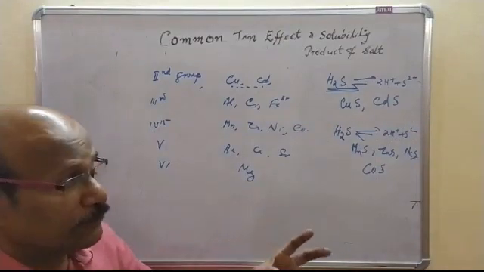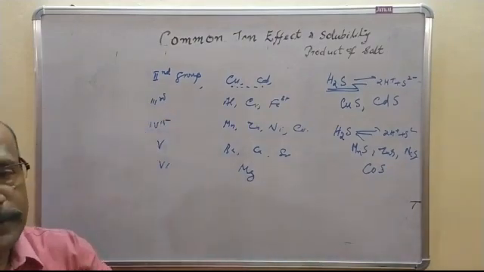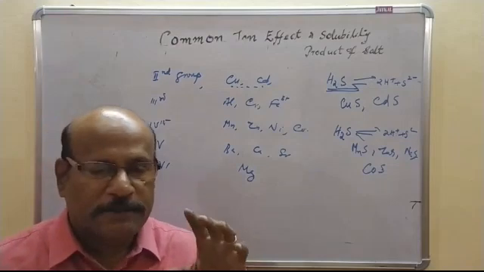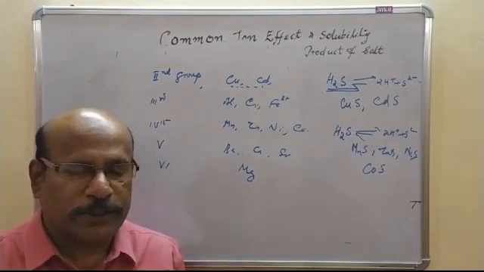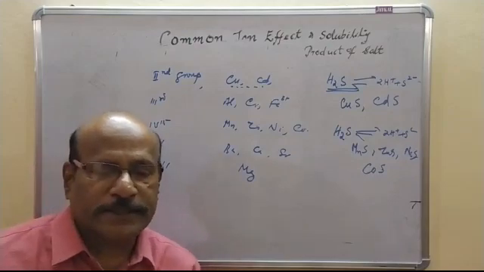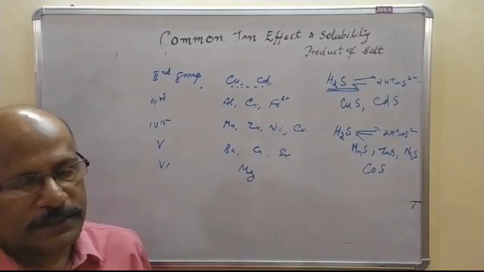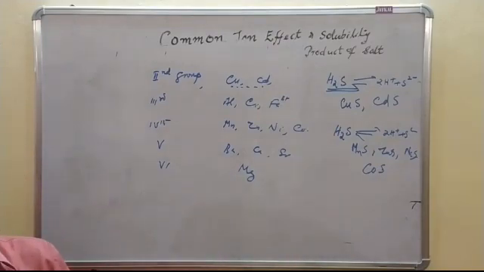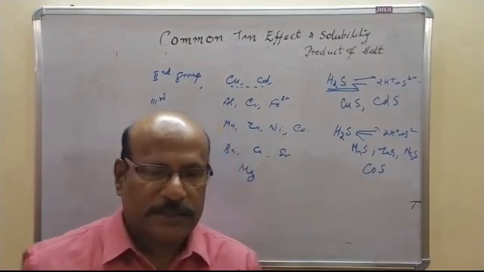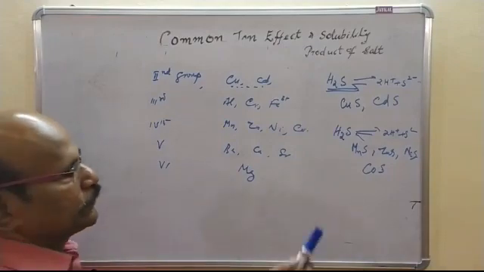The main principle is that for the precipitation of a salt from the solution, if the product of the ionic concentrations exceeds the solubility product of the salt, the solution becomes supersaturated, thereby it gets precipitated. That is the main principle employed. So the minimum condition for a salt to be precipitated is that the ionic concentration product should exceed the Ksp of the particular salt. You know that?